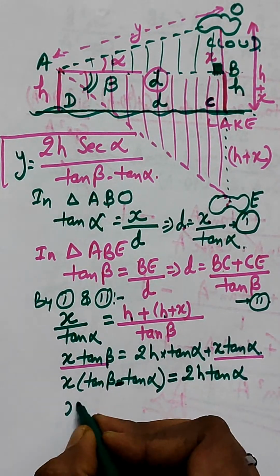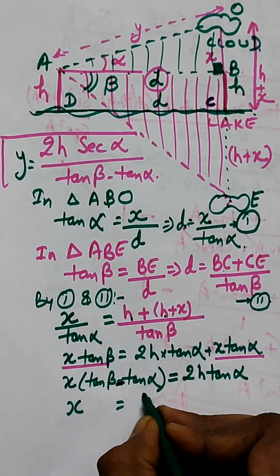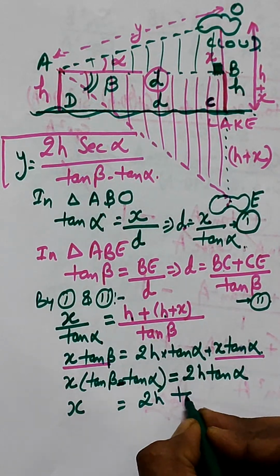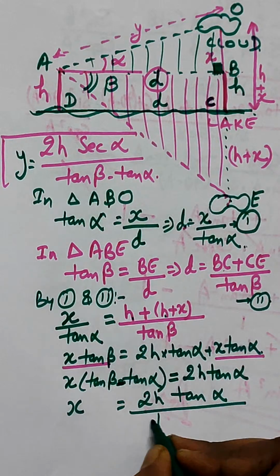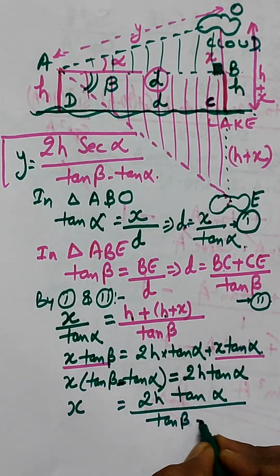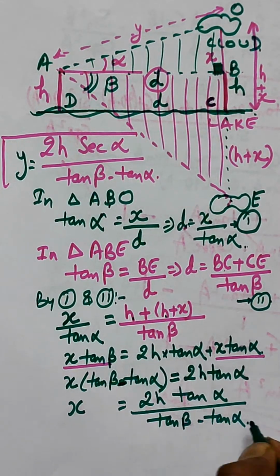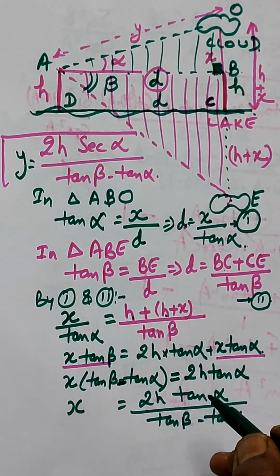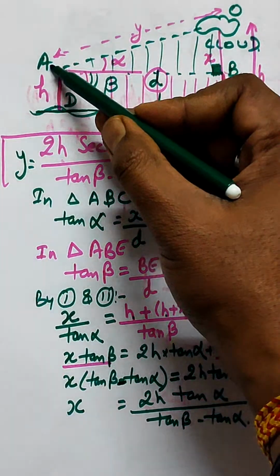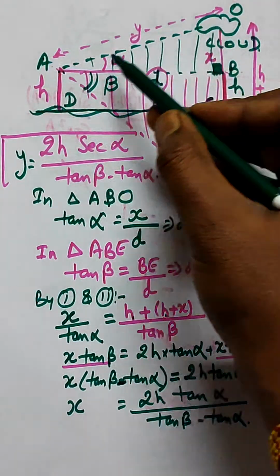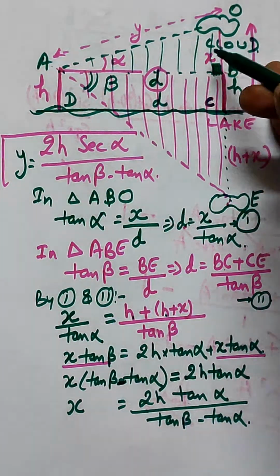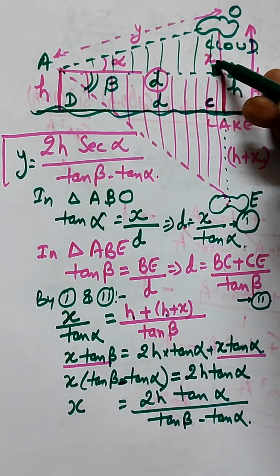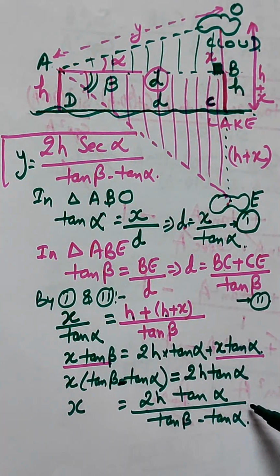And from this we get x as 2H tan alpha divided by tan beta minus tan alpha, right? But we need to find the distance AO. Now think, we know the value of x now, that is already derived, right?